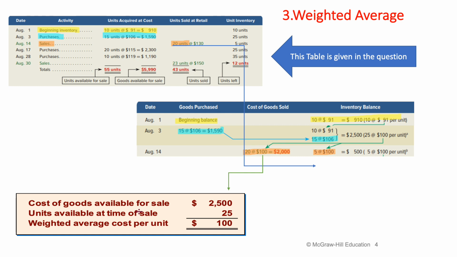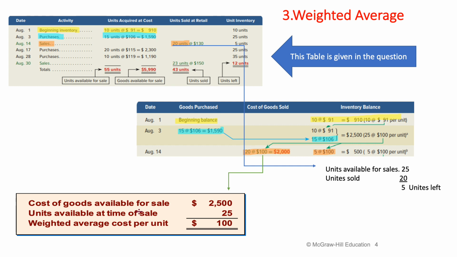Now remember, I have 25 units available for sale and I sold 20 units. So how many units are left? I have 5 units left.